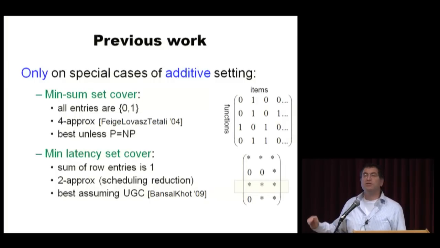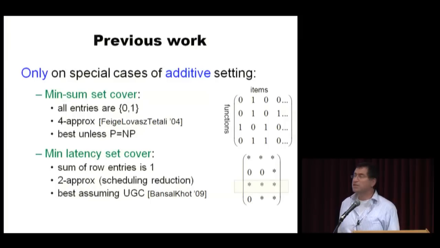For each user, the cover time for each row, this is the user, is the minimum time when you cover all the stars. You don't care about the zeros, and you really don't care what is written in the stars because the sum of the stars is precisely 1, so you will be done only when you cover all the stars.